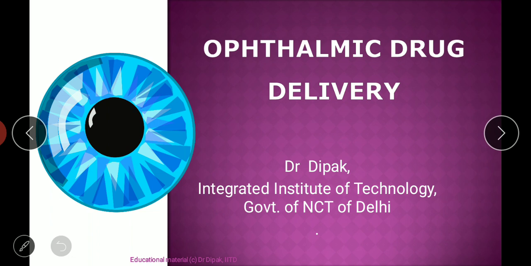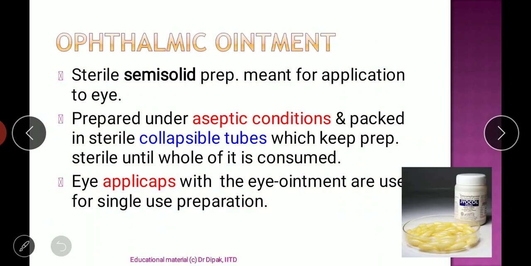So let us start. The ophthalmic ointments are sterile semi-solid preparations which are meant for application to the eyes. These are prepared under aseptic conditions and packed in sterile collapsible tubes which keep the preparation sterile until the whole of it is consumed.